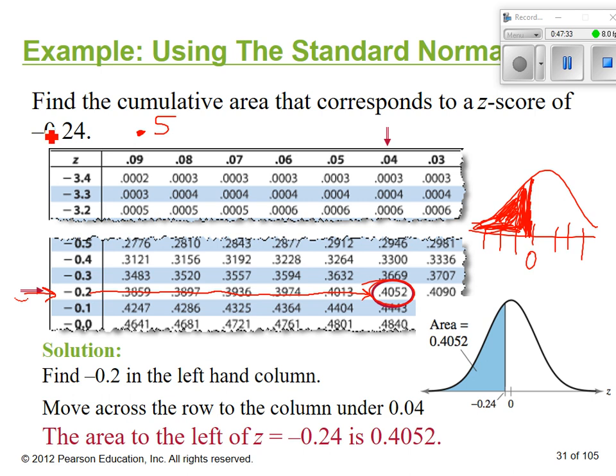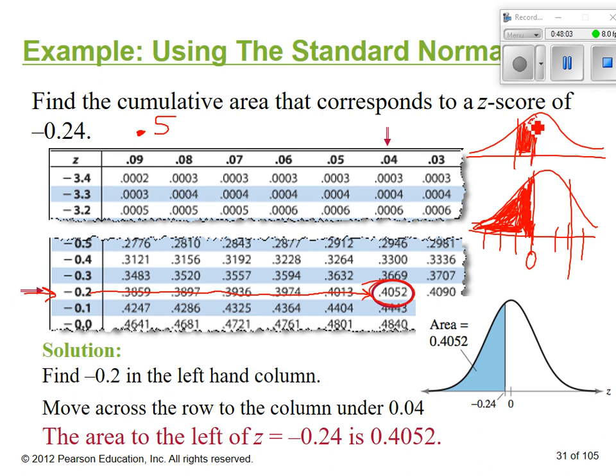So that's what it is. Again, you can use the chart. It's not real difficult to use that chart to find the areas. The thing that makes the chart harder is if, instead of the area to the left, maybe you want the area between two numbers. So maybe you've got a curve and you want the area that's from here to here.